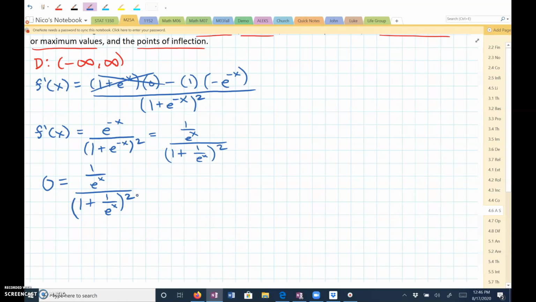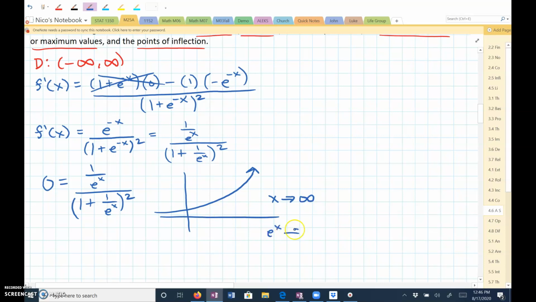Well, the only thing I can think of, because if you think of the function e to the x, it looks like this. Well, when x approaches positive infinity, e to the x approaches infinity.